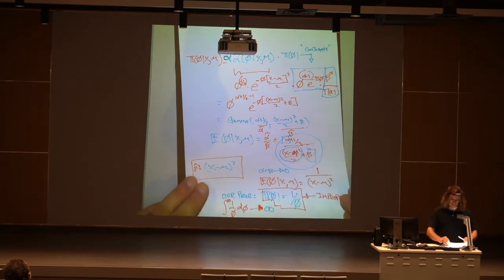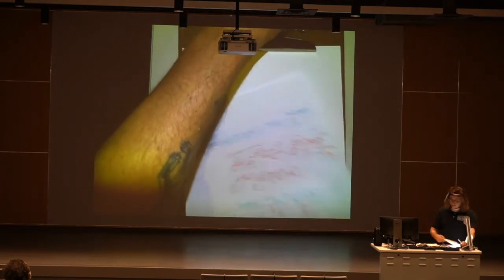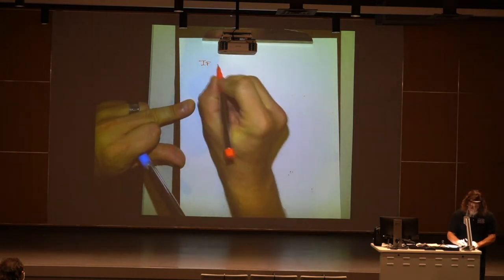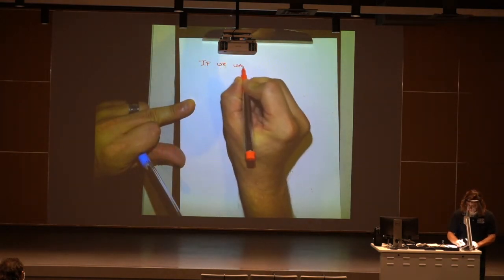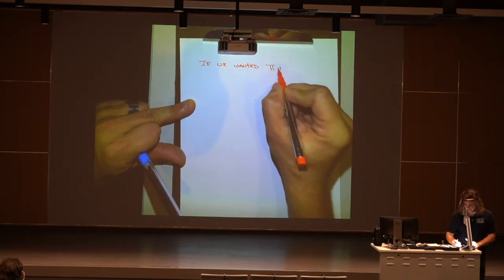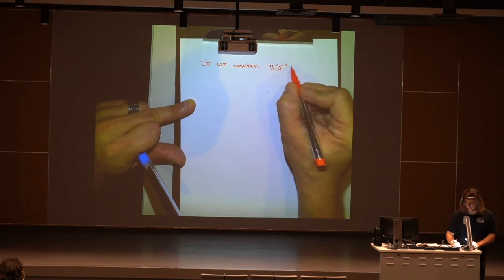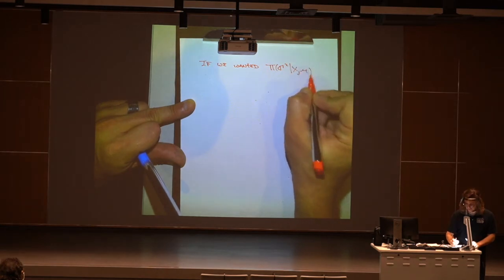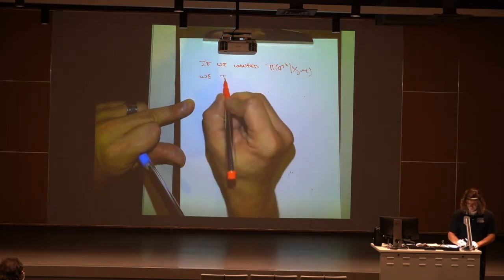I want to show you one more thing about this. If I didn't want to talk about things on the precision scale and I wanted to talk about things on the variance scale, I could just transform. So if we wanted the posterior distribution of sigma squared, we transform.